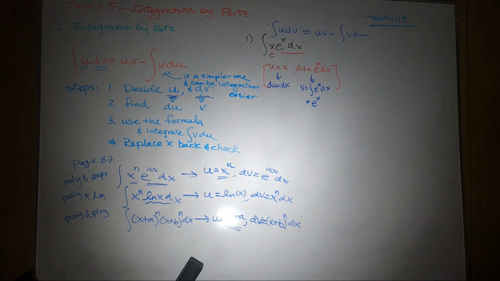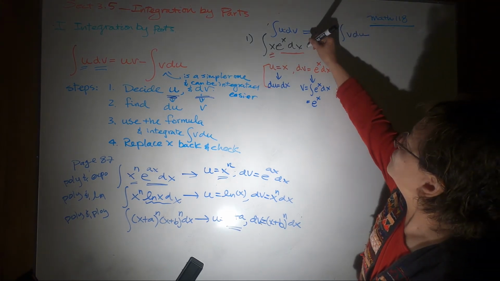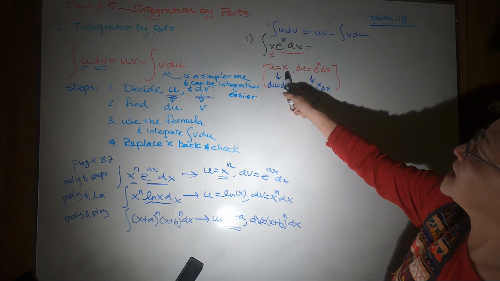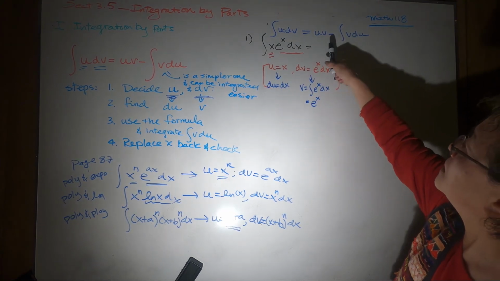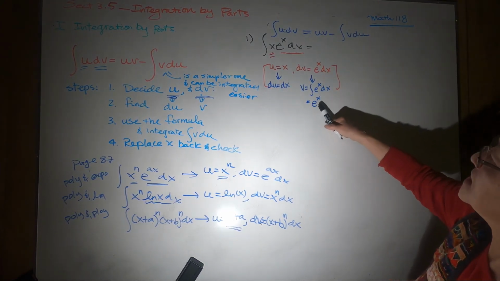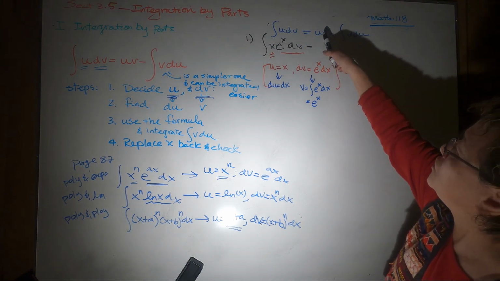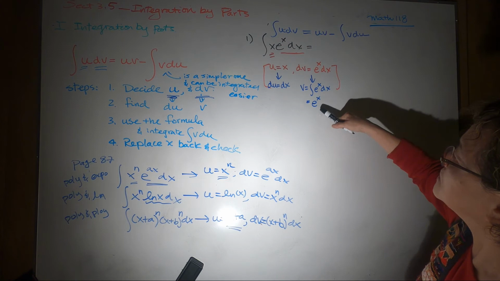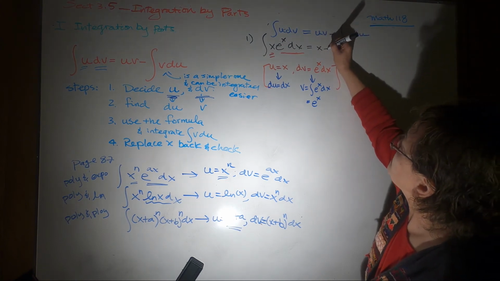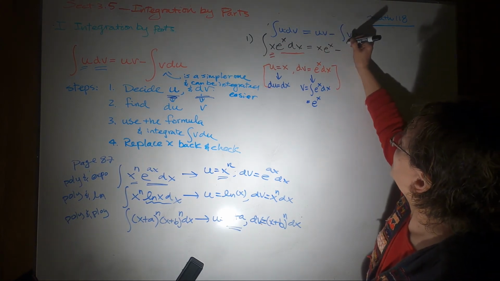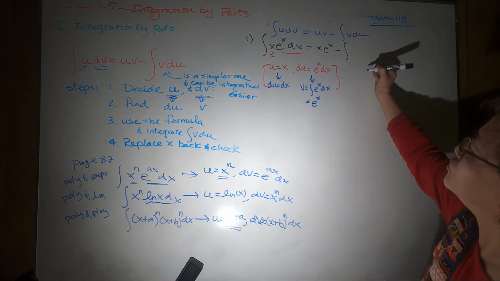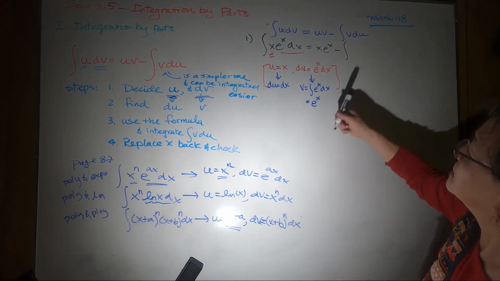That's the formula. So what's your u? U is x. What's your v? V is e to the x. So the formula says u times v will be x times e to the x minus the integral of v du. What is your v?